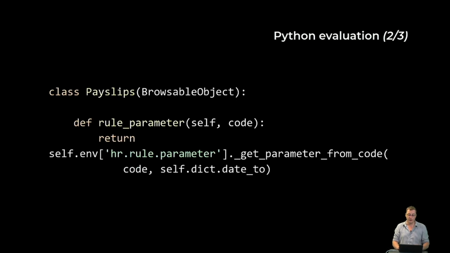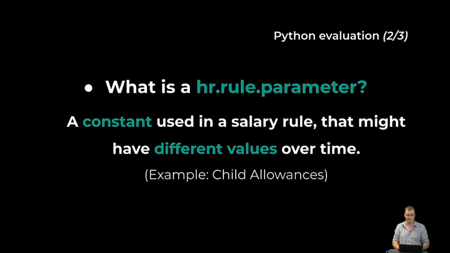You can also use the rule parameter method. From the parameter code you provide, it will search the correct value for this parameter according to the payslip end date in the hr.rule.parameter table. But what is an HR rule parameter? As I explained a little bit at the beginning of this presentation, we developed a versioning mechanism in the payroll management module.